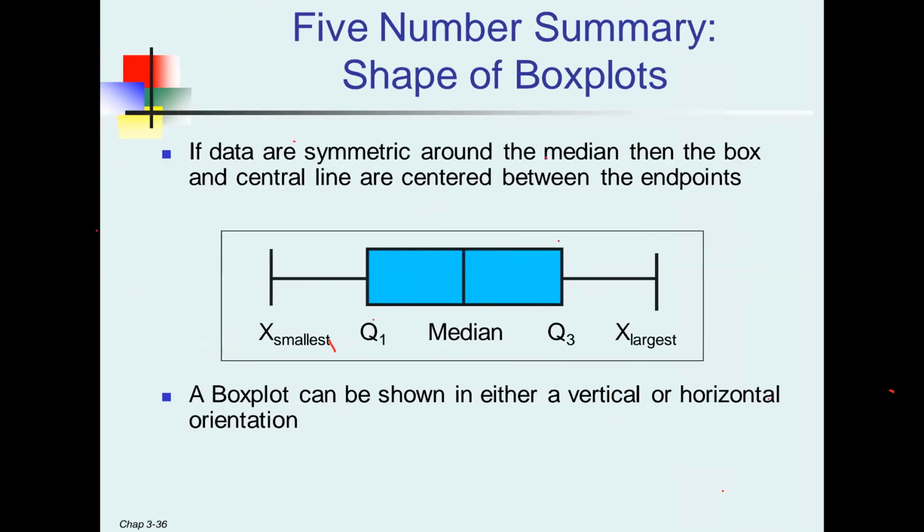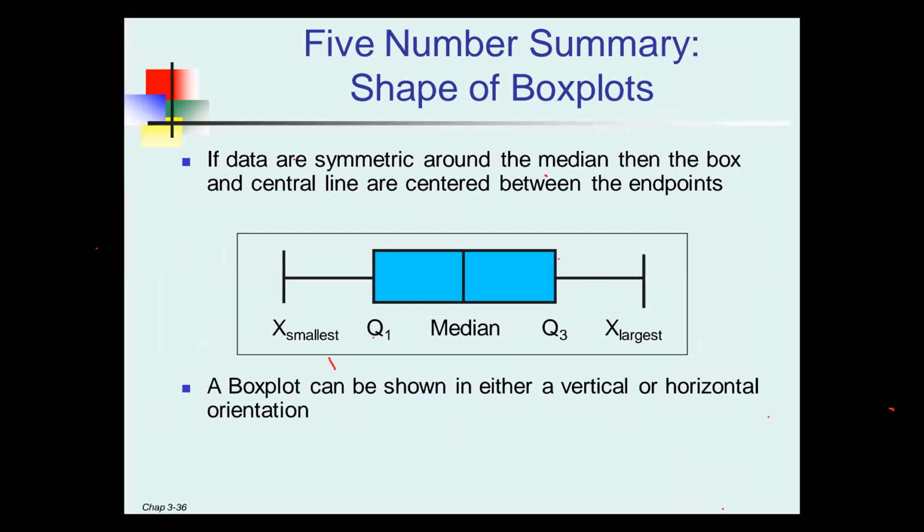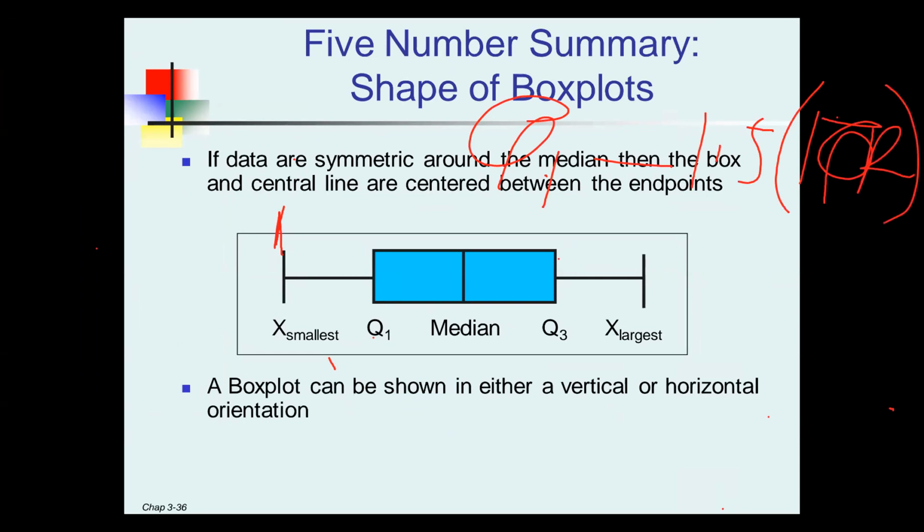The smallest value is found by saying quartile 1 minus 1.5 times the interquartile range. Did you get that? That's how you find this value here.